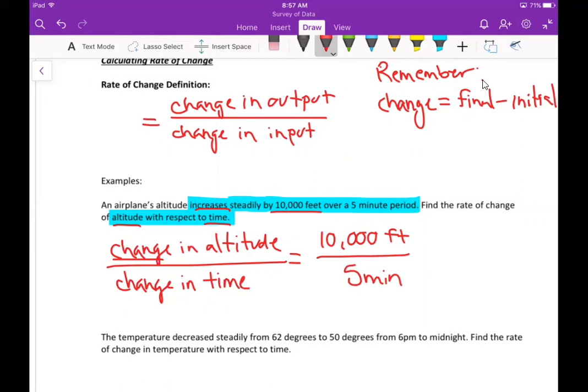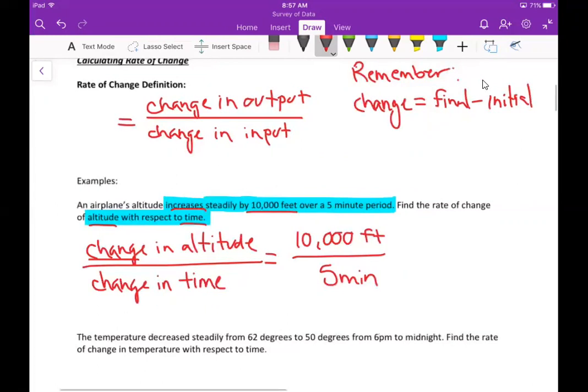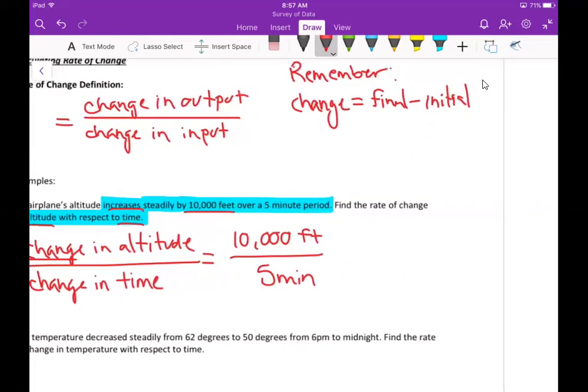So this is where now we're going to find our average rate of change. We know that in 5 minutes we increased by 10,000 feet, but we want to find that average rate of change, which is going to be how many feet do we change per minute. So if we take 10,000 divided by 5, we will see that that number is 2,000.